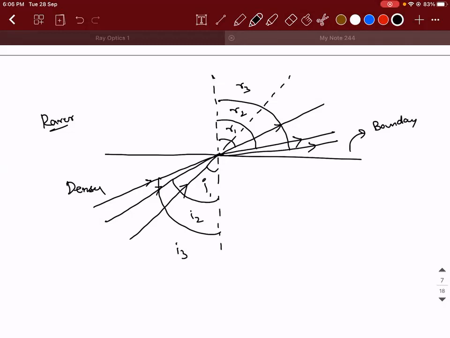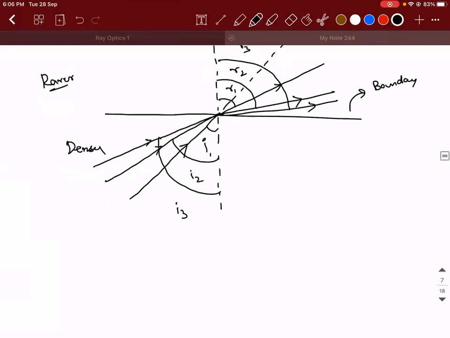Correct? So this keeps on going. Then there will be one particular angle of incidence for which the refracted ray will be like this. Accepted? So this is the angle of incidence for which the angle of refraction is 90 degrees.